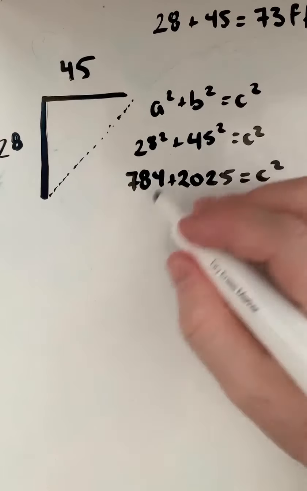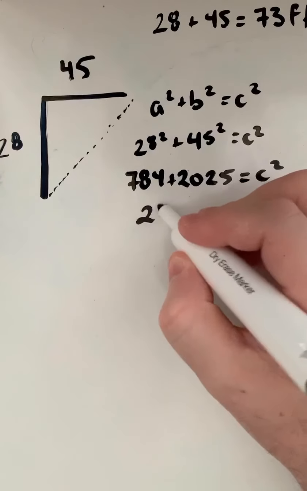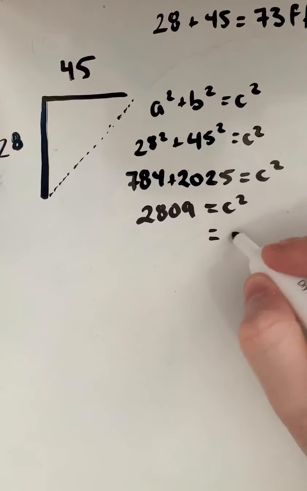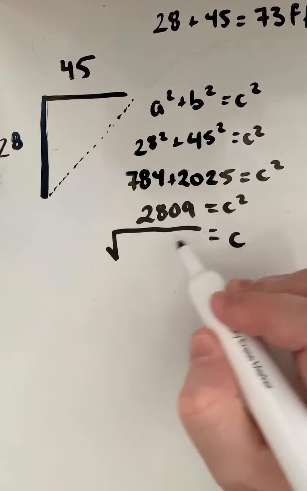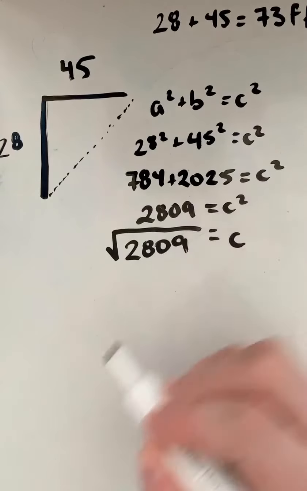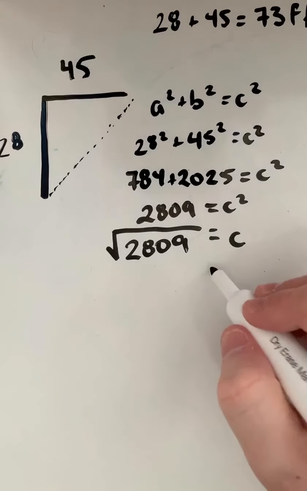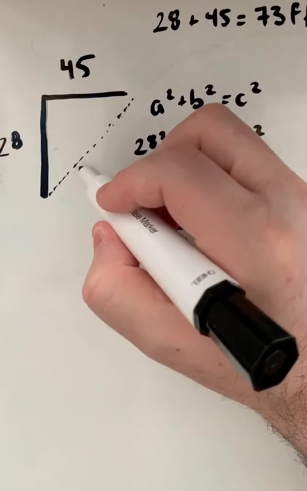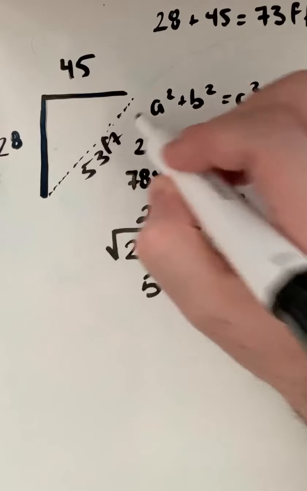Add them up together and we get 2809 equals c squared. We use our square root, and we find that c equals 53. So this length is 53 feet.